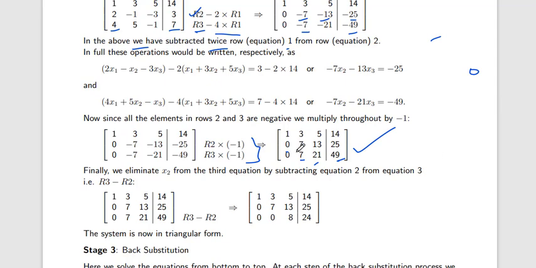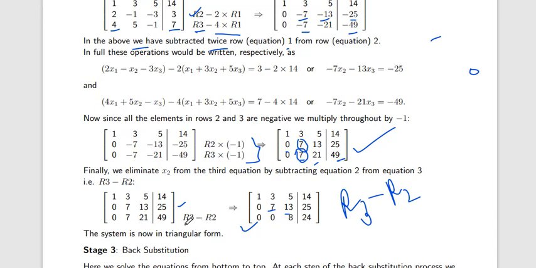Now here we want to convert this value 7 into 0. So how do we convert this? Here you can see that this is the 7. If we do R3 minus R2, then we will get 0. The operation is in the third row, not in the second row, so the second row will be the same.